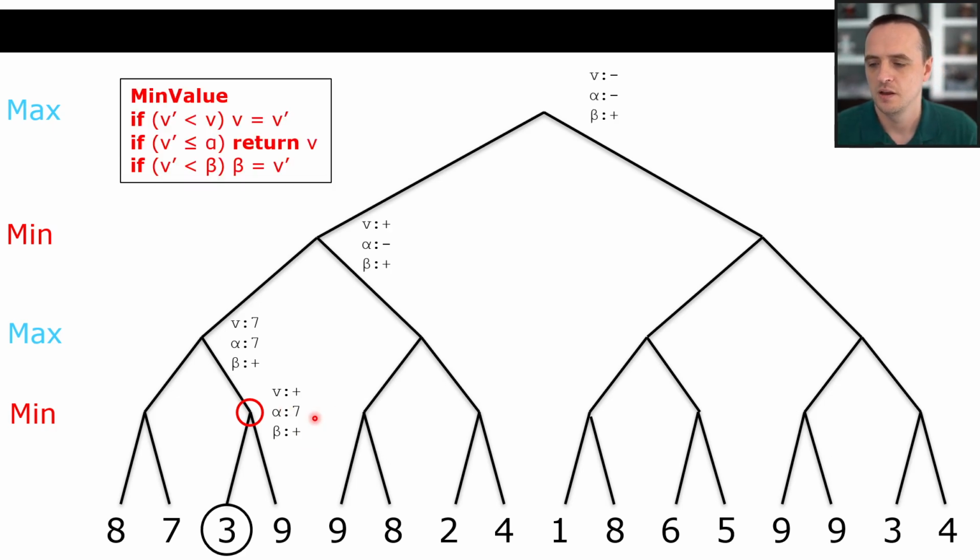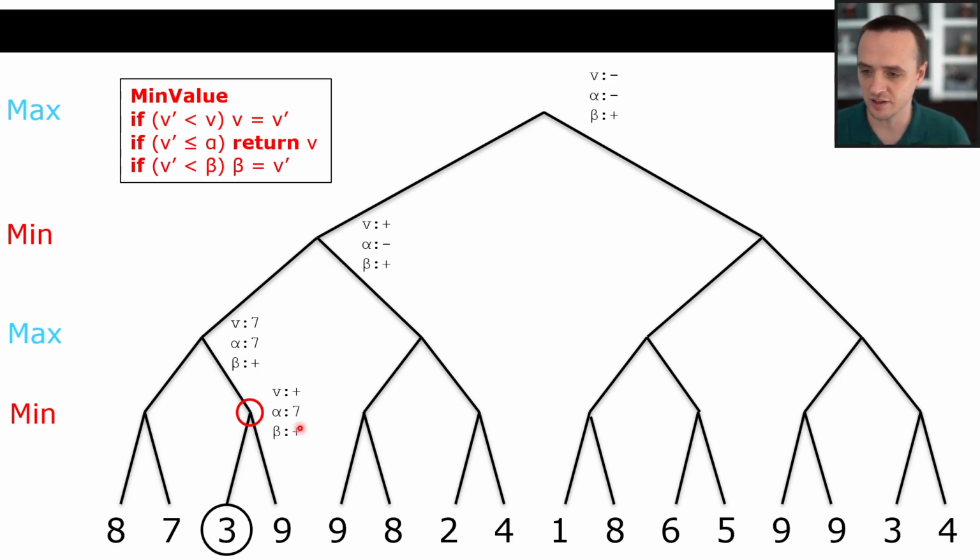So now we get to a terminal node, and we're looking at the min value. So it says, is this value, v prime, which is 3, less than v? Well, v was positive infinity, so yes. And so we're going to set v equal to 3. Is v prime less than or equal to alpha? If so, just return v. So look at this. 3 is less than alpha, which is 7.